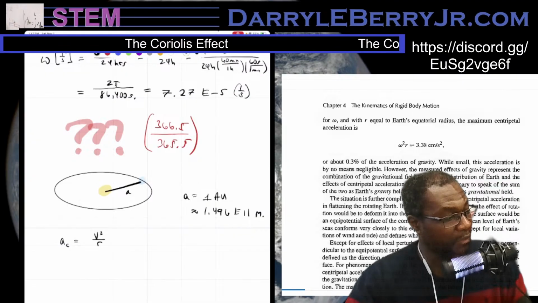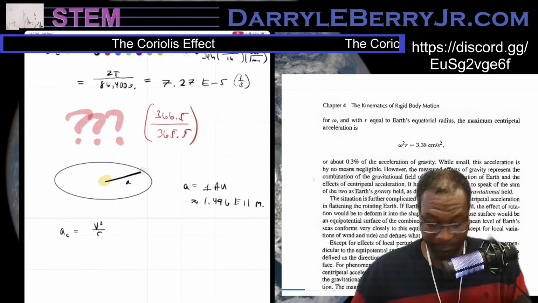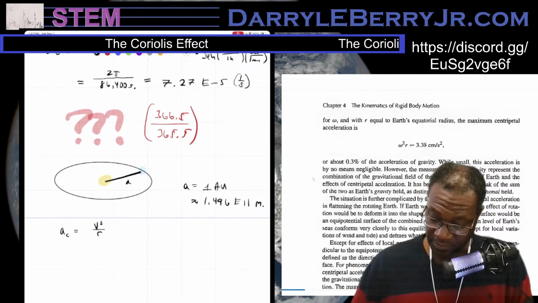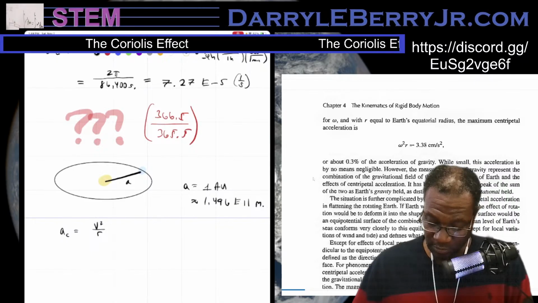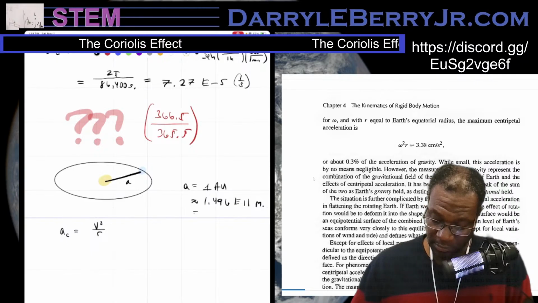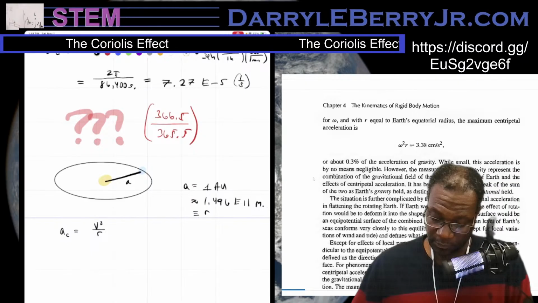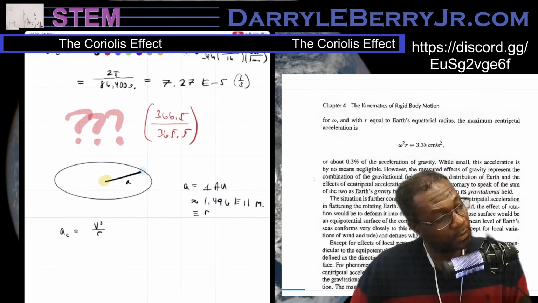So why do they have v squared times r? This could be a typo. Let me see what I get from this. This is r.